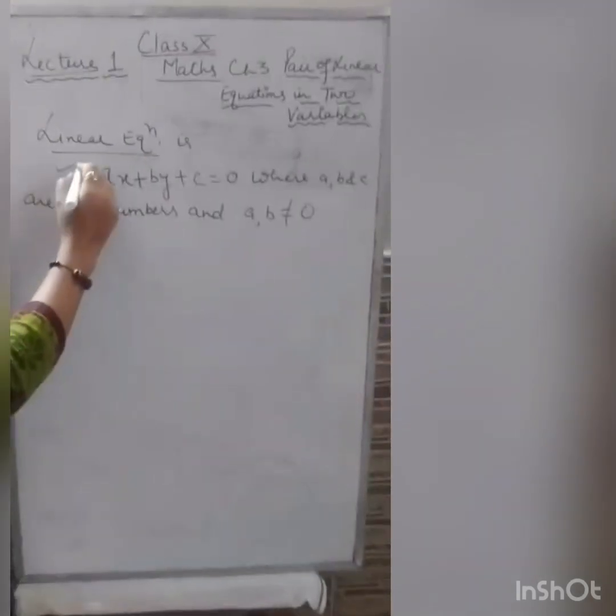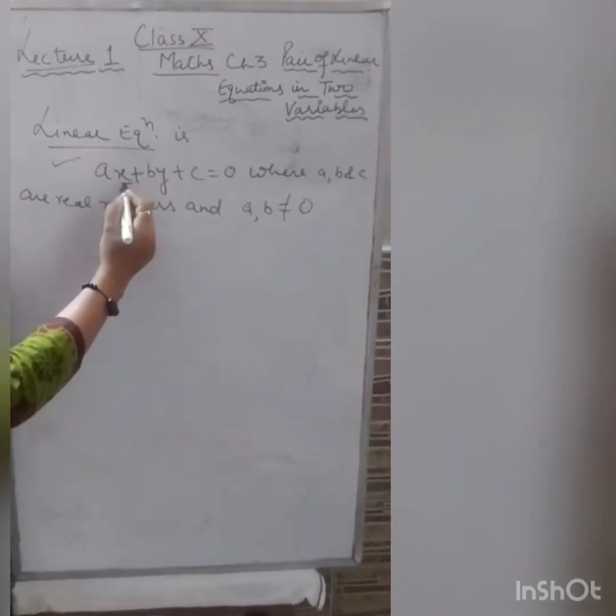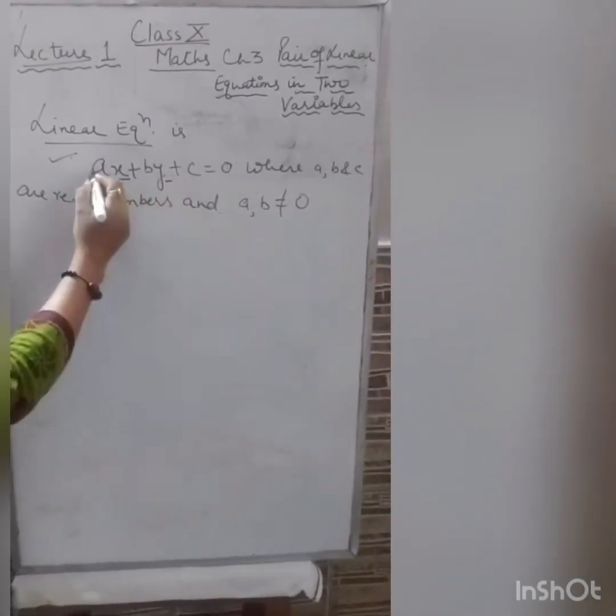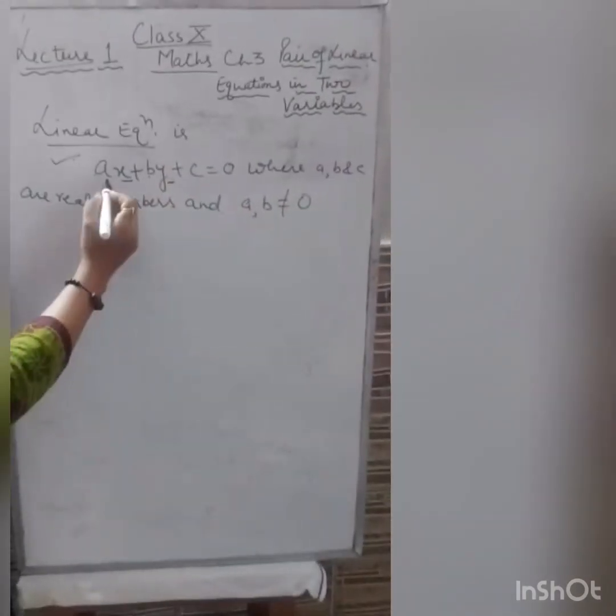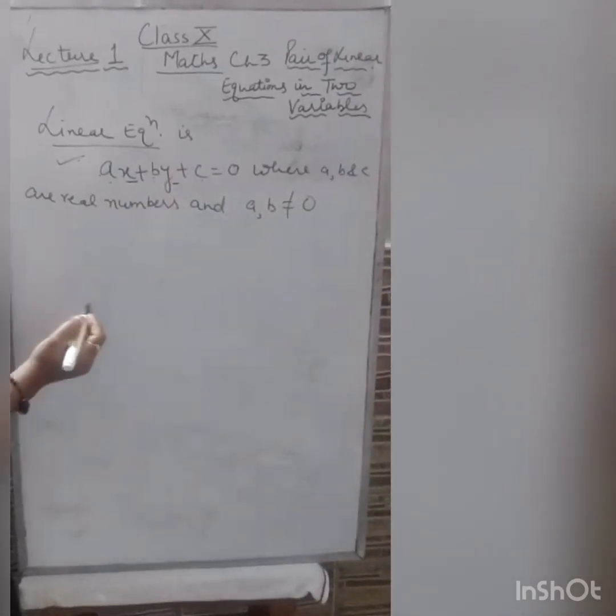This is our linear equation in two variables. Two variables are x and y. A, B, C are your real numbers and a and b will not be equal to 0.